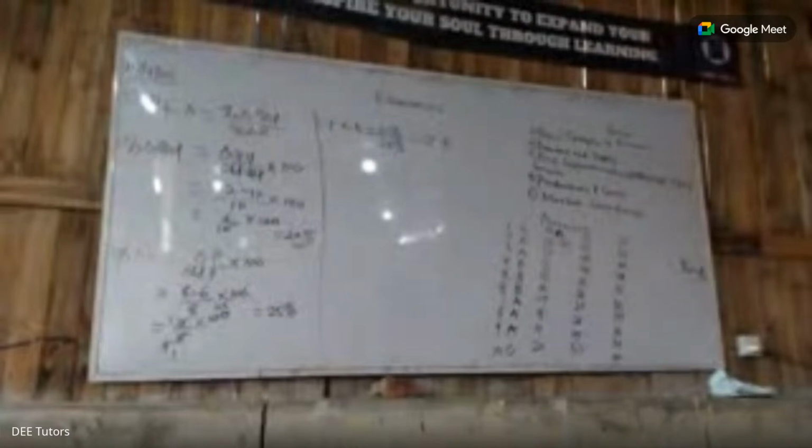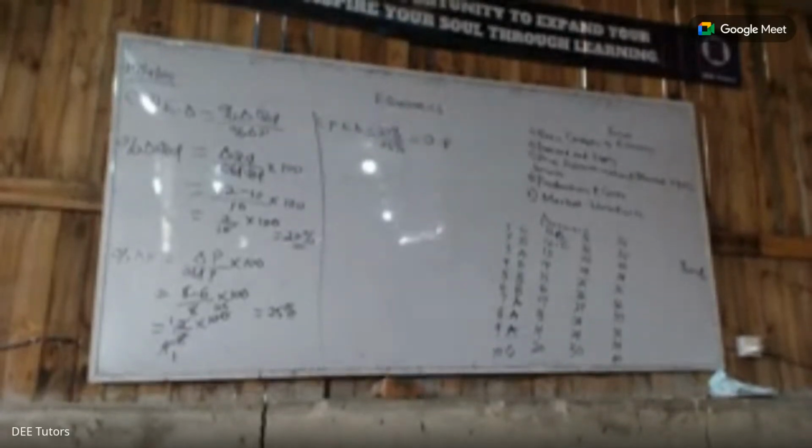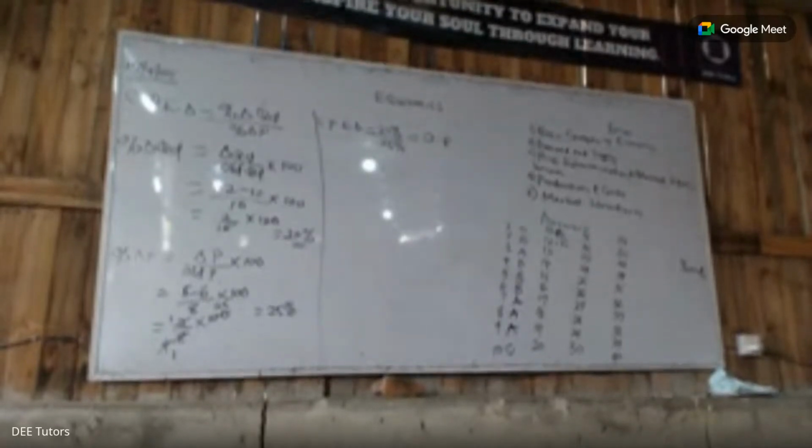So examples of perfect market now. Write it down. Monopoly. Duopoly. Oligopoly. Perfect competition.